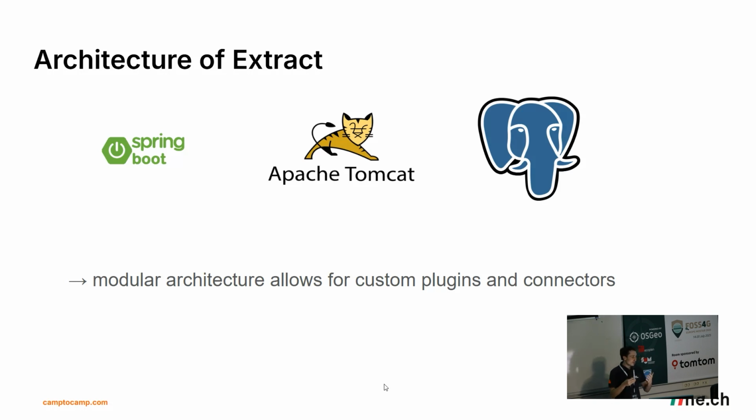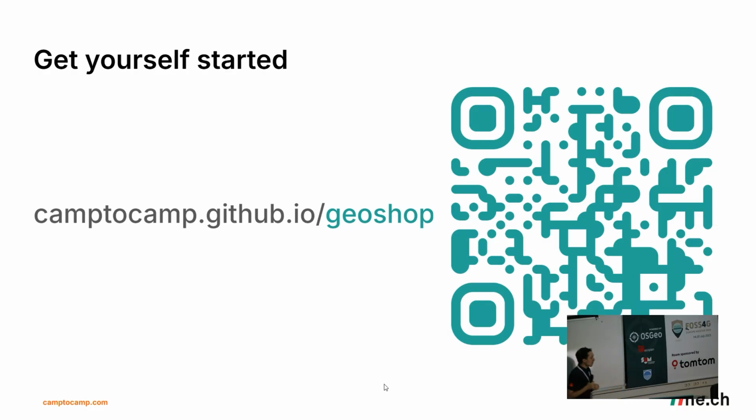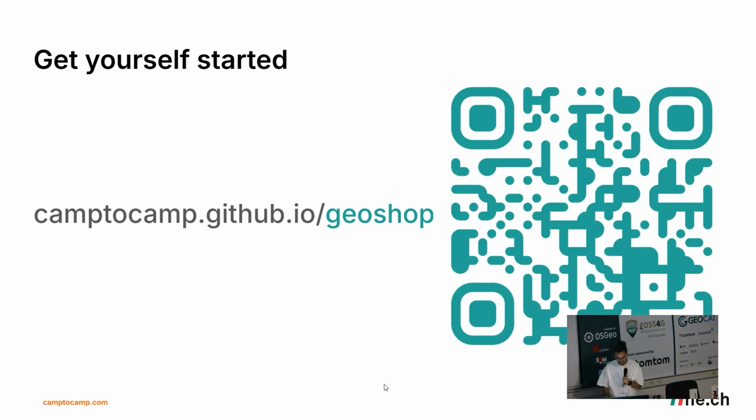For example, if you want a plugin to run GDAL to extract the data, this could be easily created. Just one word about Extract: it is not developed by us. Today it is only in French. It is being translated, and the next version will be multilingual. So if you are interested, just wait a little bit and you will get it in English.